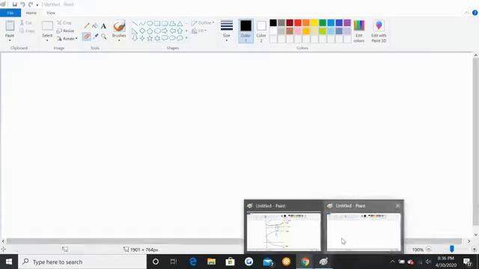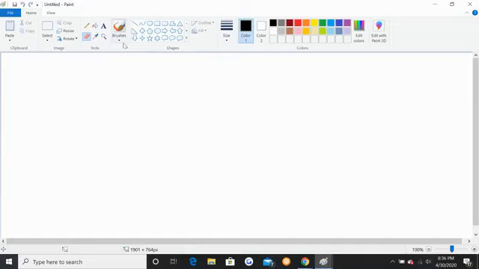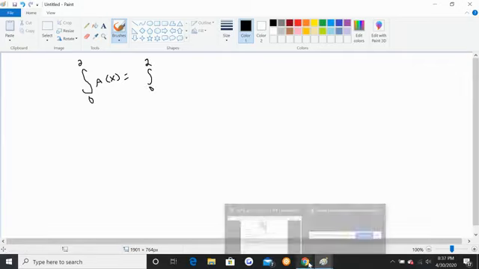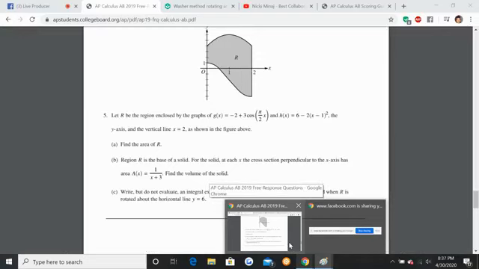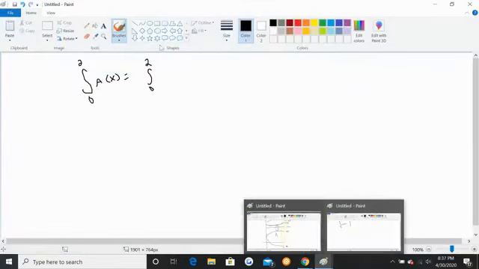So let's just set up a definite integral from 0 to 2 of the function A of x, which is equal to 1 over x plus 3.